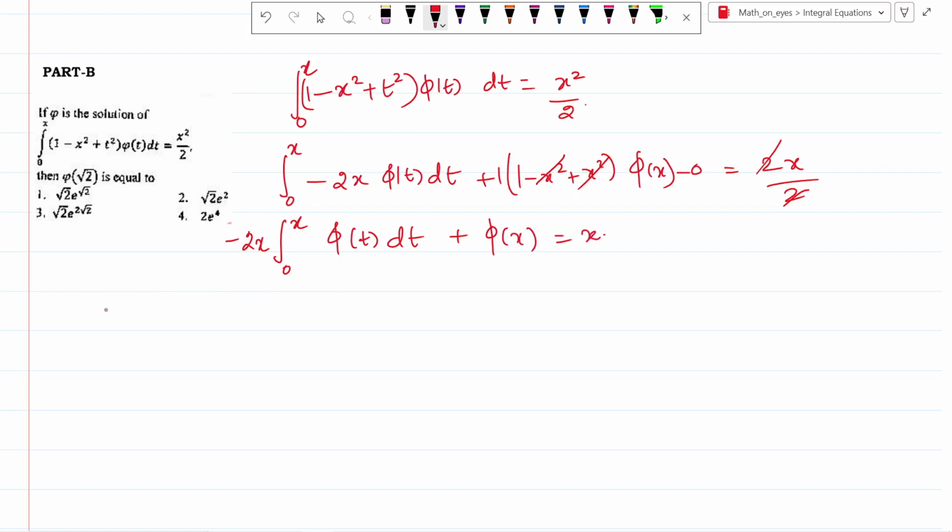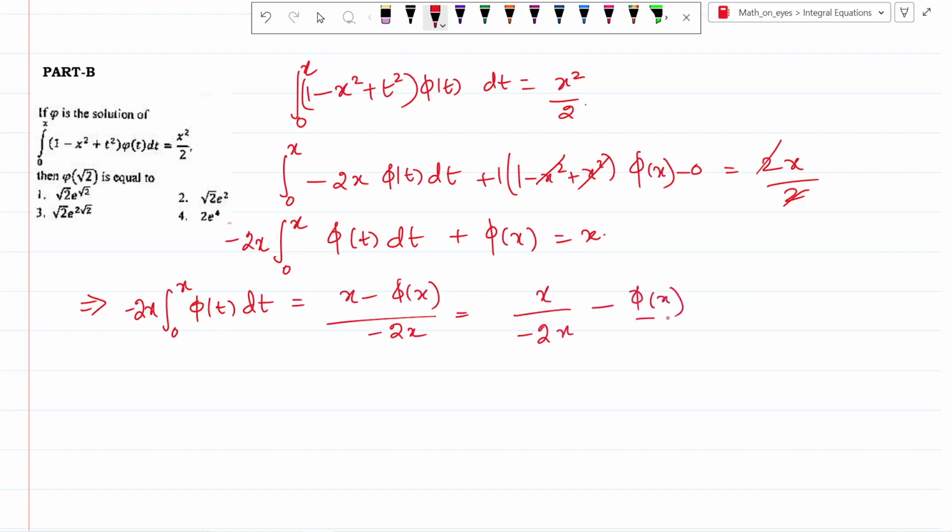So here this implies integral 0 to x minus 2x phi of t dt is equal to x minus phi of x divided by minus 2x. So when I divide each numerator separately, it is x divided by minus 2x minus phi of x divided by minus 2x.